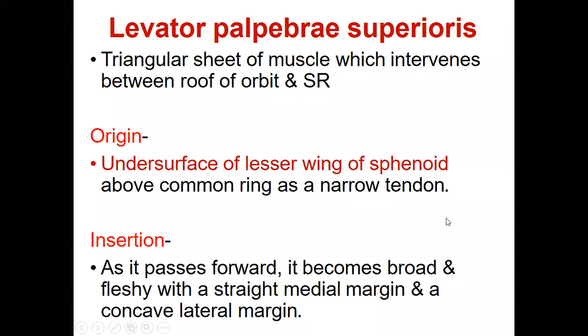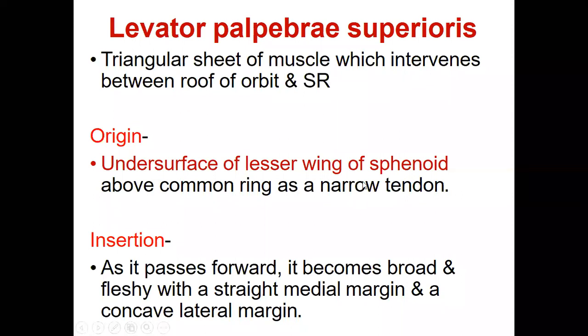From its origin, this muscle passes forward, then it becomes broad and fleshy with a straight medial margin and a concave lateral margin.